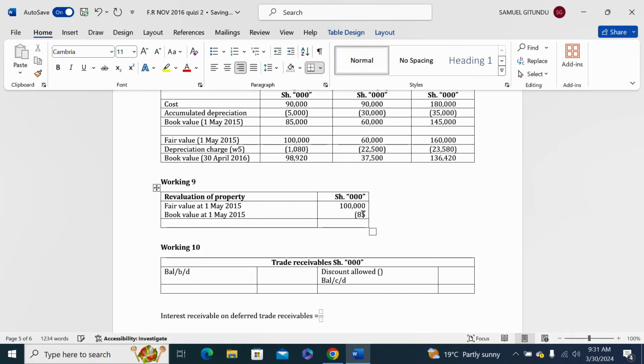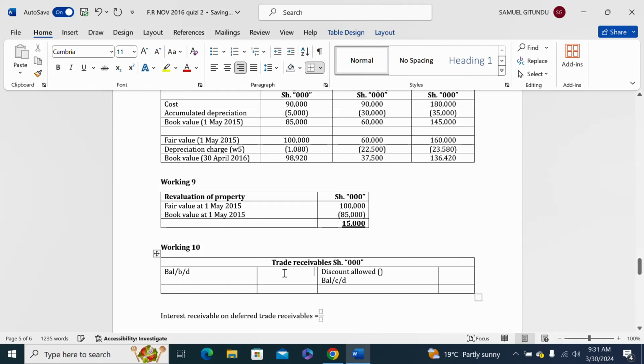We deduct 85 million, and if we do this, we are getting the revaluation gain as 15 million.